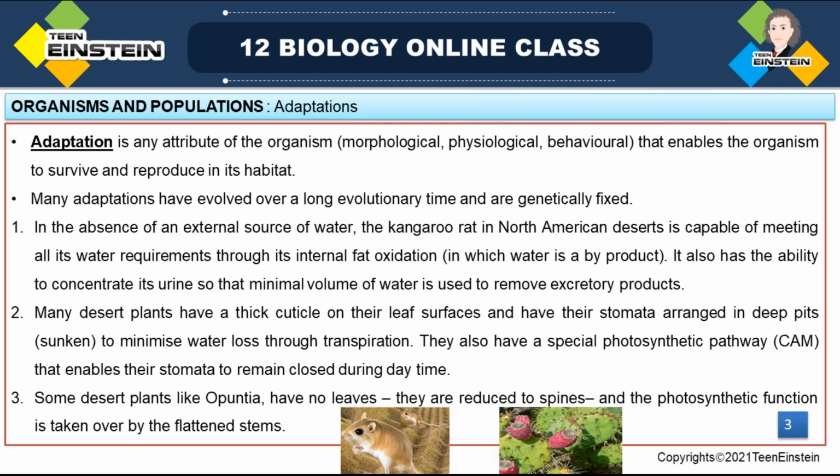In this type of plant, the stem is flattened and green in color. Here you can see the flattened green stem. Usually in normal plants, where does photosynthesis take place? Leaves are the sites for photosynthesis, with chlorophyll and everything. But these kinds of plants don't have leaves. So what do they do?